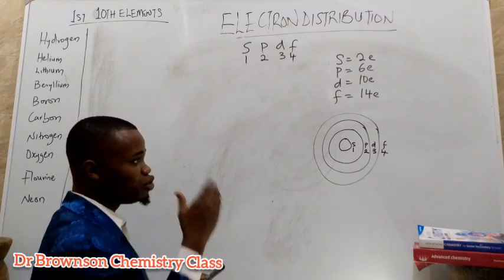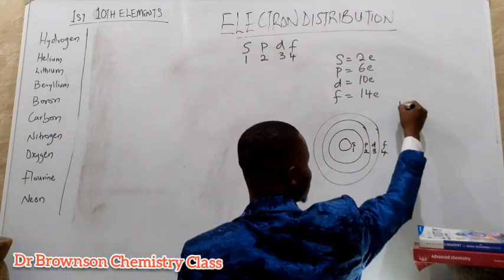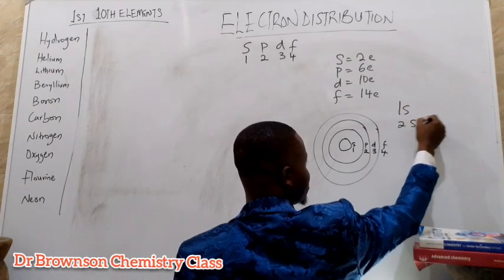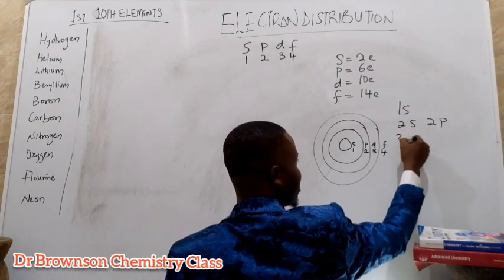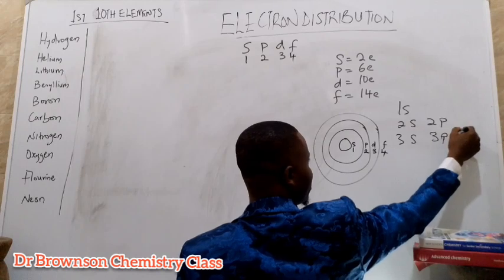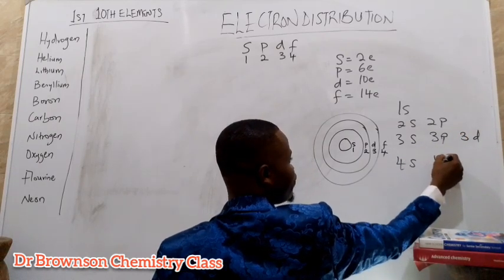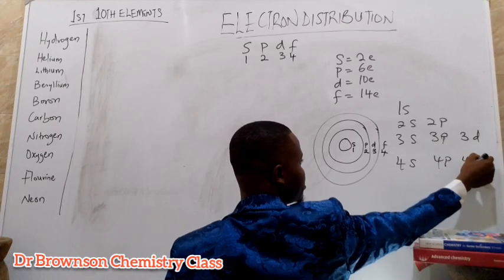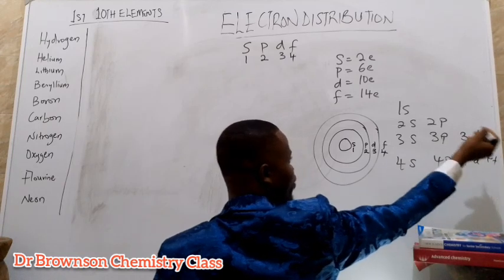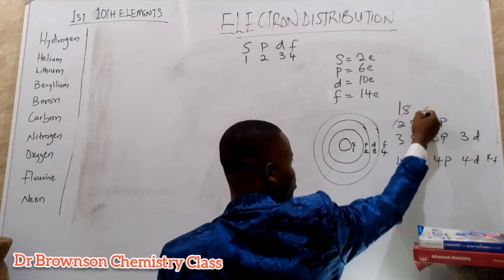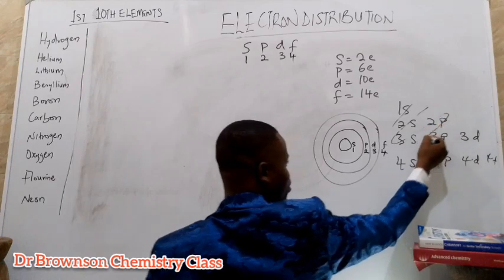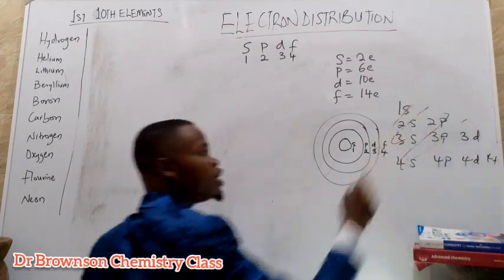I know everybody is used to the Aufbau principle: 1s, 2s, 2p, 3s, 3p, 3d, 4s, 4p, 4d, 4f. We're all used to this, which later on you cross, and all that.